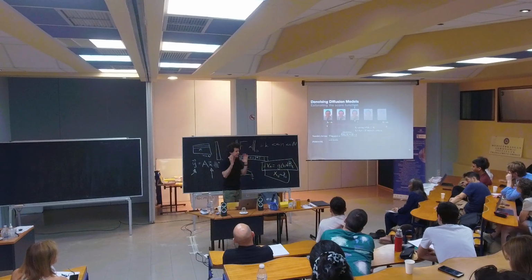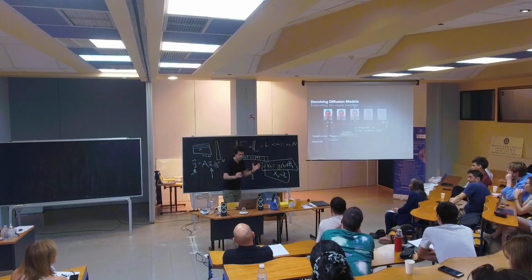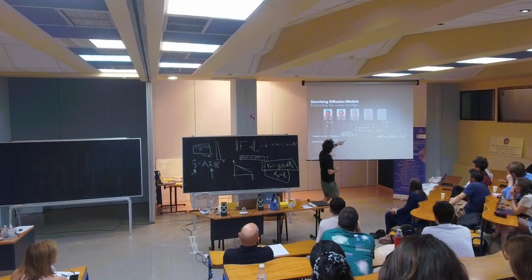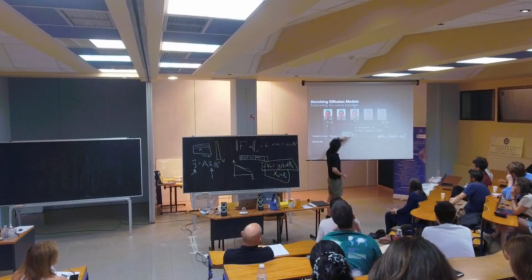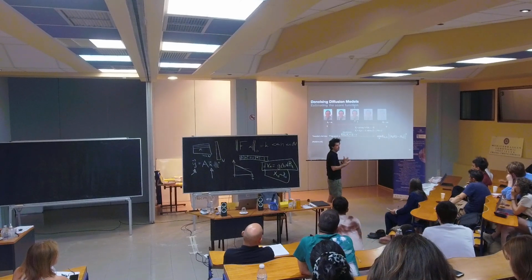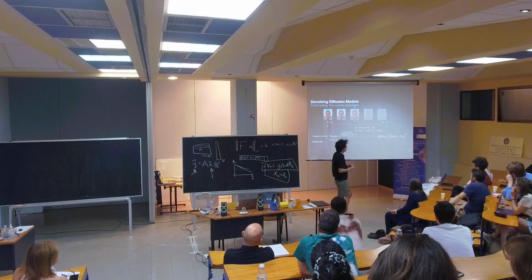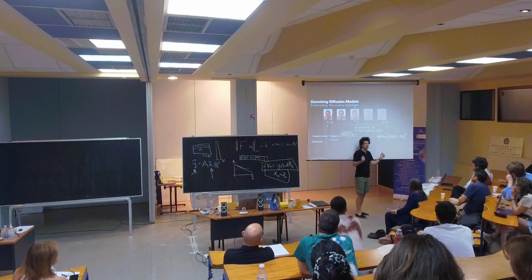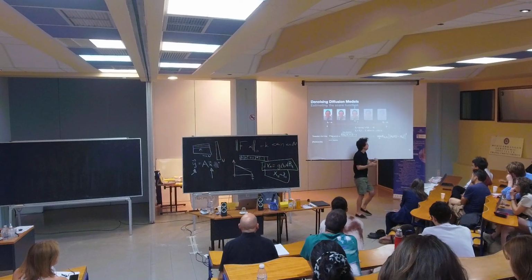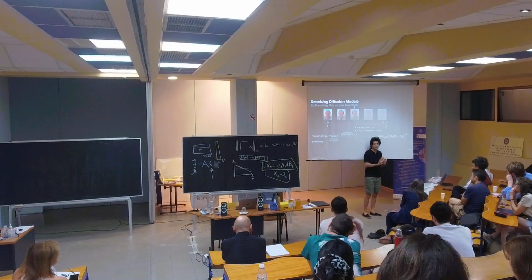Which suggests a very simple way to estimate the score, which is to write this loss function, right? So to say, look, I want to estimate this guy. Given some xt, I want to be predicting x naught. How am I going to do that? Well, I'm going to train a neural network that takes as input xt and tries to become as close as possible to x naught.